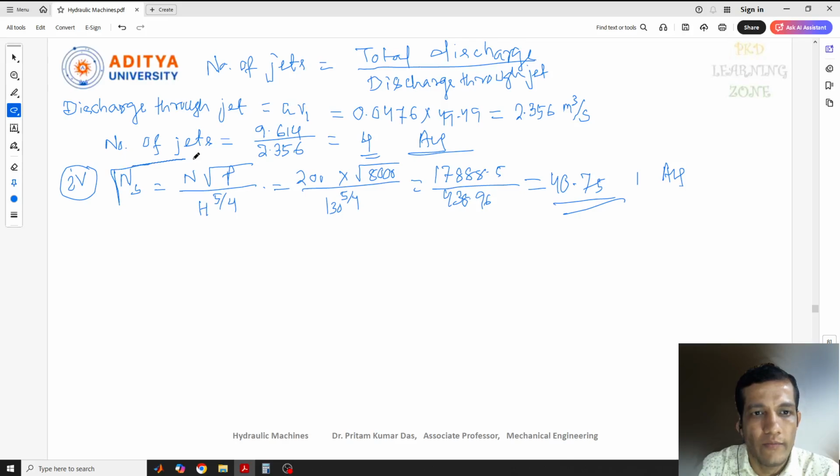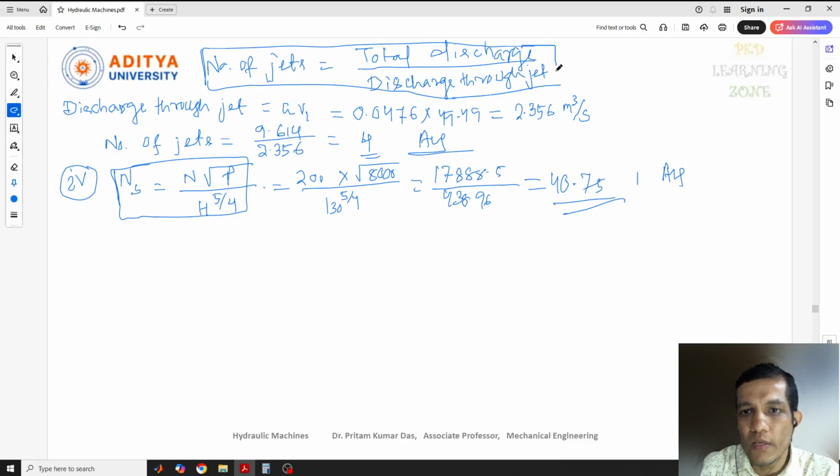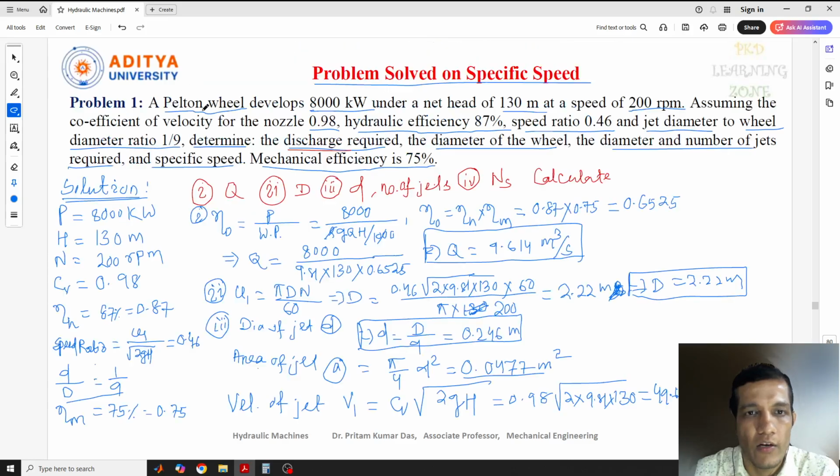And what are the formulas we have used, that is most important. We need to remember these formulas so that we can easily solve the problem. The specific speed also, why is it required? To identify which kind of turbine. Sometimes a question will be given asking what kind of turbine is used, or what kind of turbine was required for this kind of data.